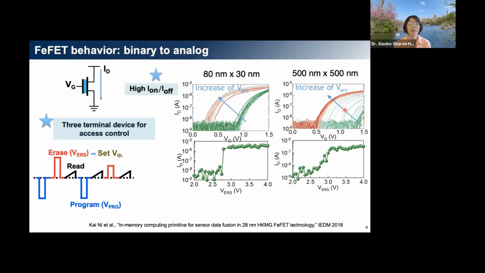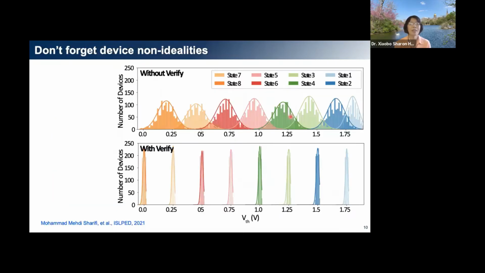There are some other distinctive advantages compared to other non-volatile memories, such as high I-on, I-off, and it also has 3 terminals, which makes the circuit design quite interesting. Device people are actively working on scaling down these devices to smaller sizes.